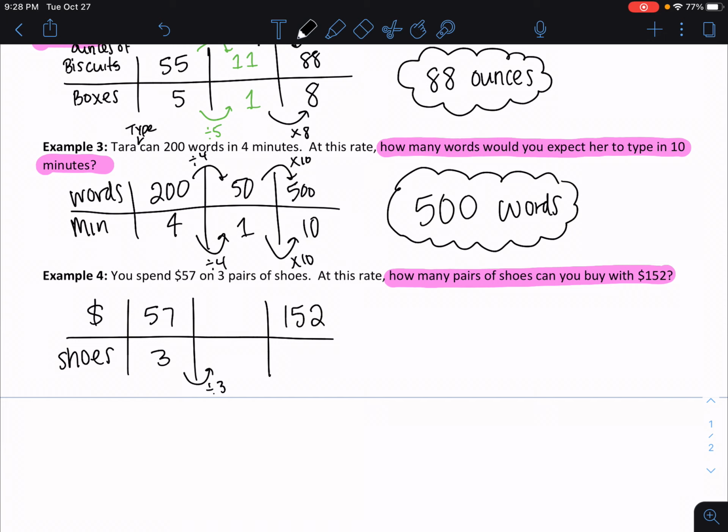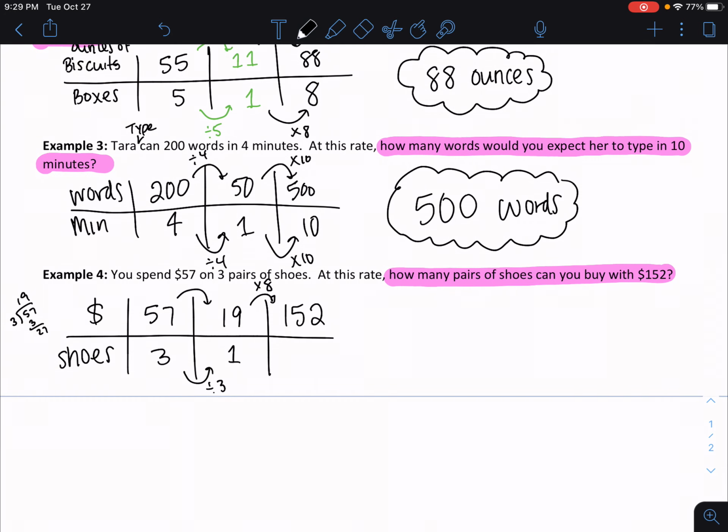First, I'm going to divide by 3, and I get 1. 57 divided by 3 is 19. And I'm trying to get to $152 this time. So 152 divided by 19, you can use your multiplication chart, is going to be times 8. So 1 times 8 is 8 pairs of shoes.